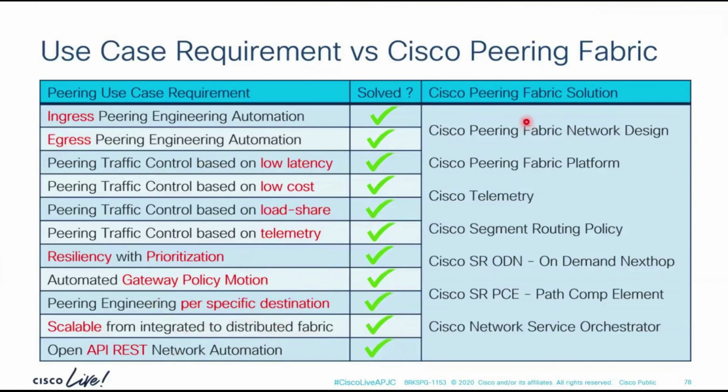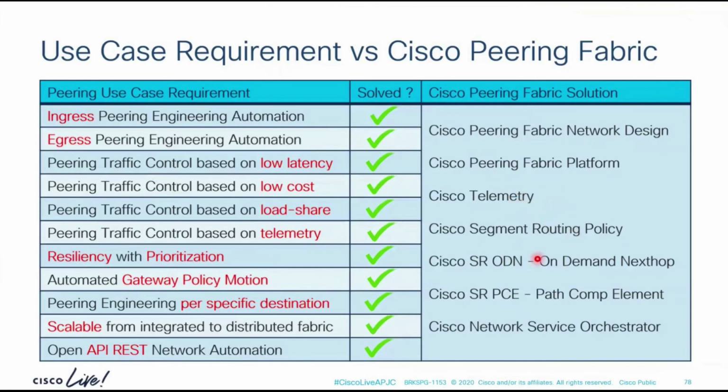So the peering fabric solution that I have just demonstrated consists of this network design: our Cisco Peering Fabric platform, with IOS XR as the key, and Cisco IOS XR telemetry as well. We can combine it with the Crosswork or an open source telemetry stack.